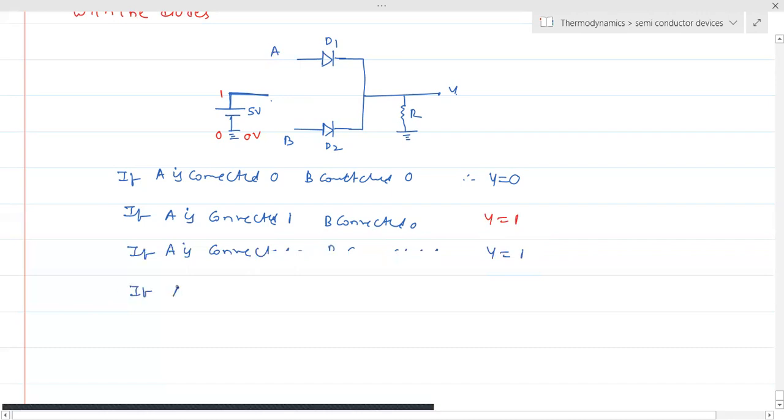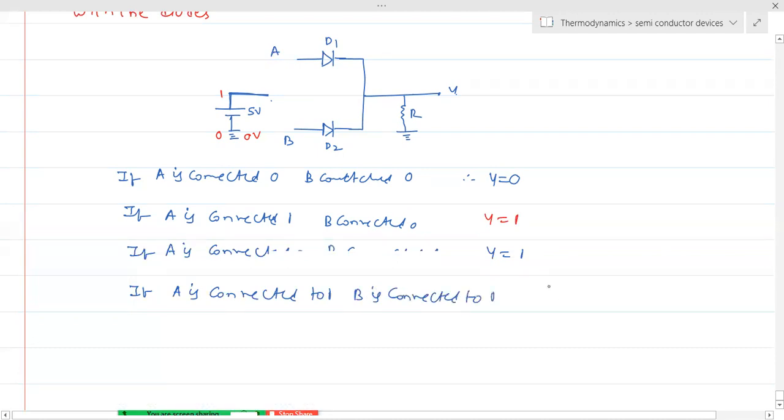Suppose A is connected to 1 and B is also connected to 1.